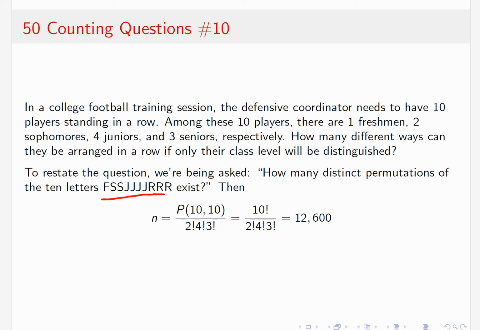This idea of, let's say we have all the letters in the word Mississippi and how many unique arrangements exist, or how many distinct permutations, unique arrangements, those are synonyms, sorry. And that will come up. Same thing with the letters in the word Alaska.